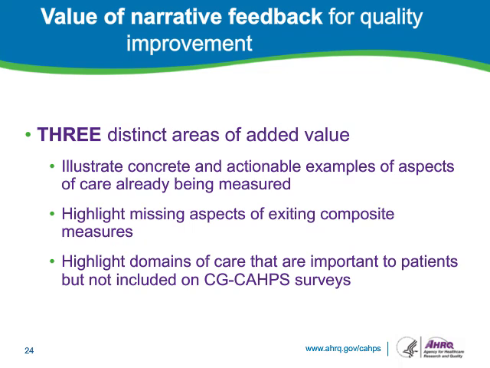Second, areas where we are measuring things with composites, but the open-ended questions give us different aspects of those areas that aren't captured by the composites. And third, information that actually goes beyond where we have the close-ended measures. Now, next slide, please, Bria.